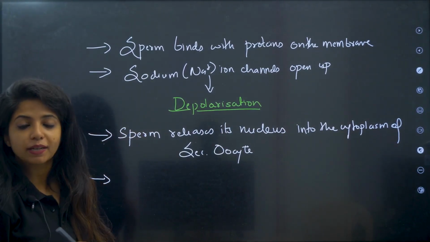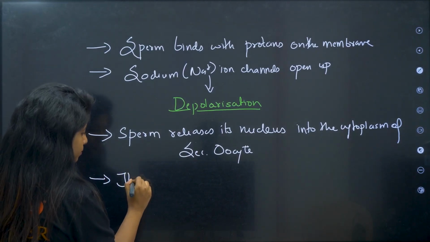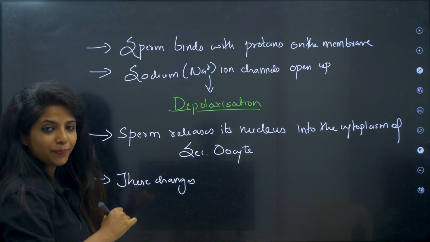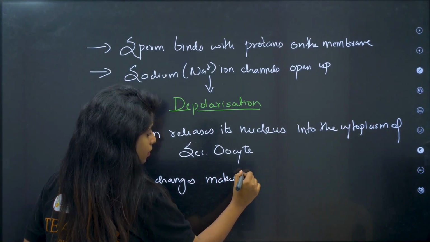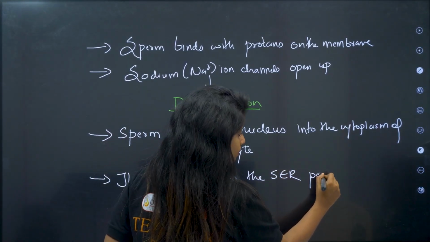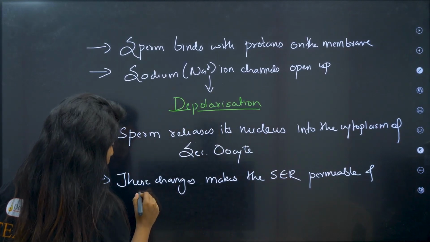Now slowly the next step happens. That is what? These changes make the smooth endoplasmic reticulum permeable, and it gives out what?